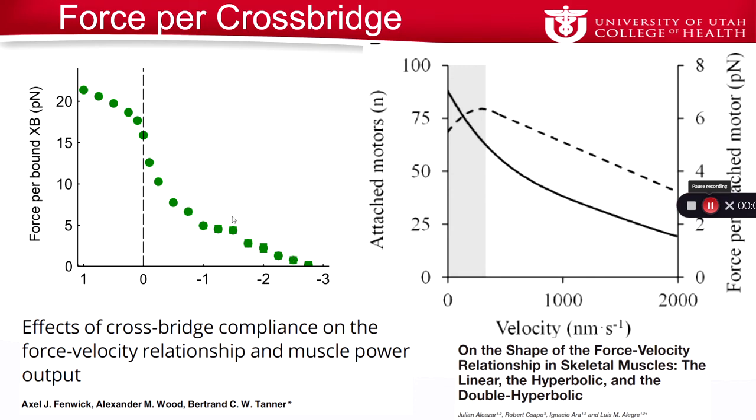A nice linear portion down here, and then actually a rapid increase as you get closer to zero. So, who's right? I don't know whether this is appropriate or that is. But generally speaking, they both have a linear decrease over a large portion of the shortening velocity.